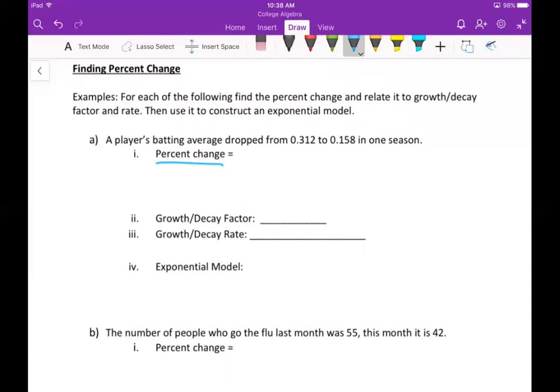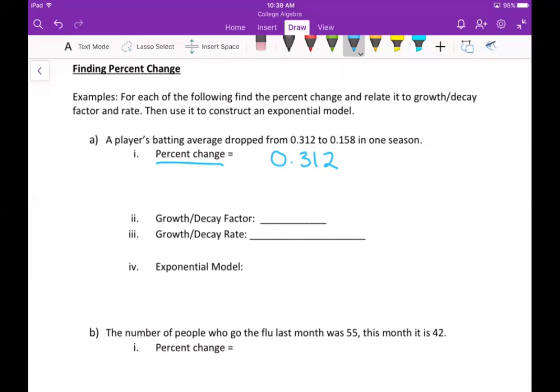So these are going to be a little bit interesting. Here we have that a player's batting average dropped from 0.312 to 0.158 in one season. So this change happened in one season and we want to know the percent change. Anytime we find a percent change, we take the initial quantity. We started at 0.312, our batting average.